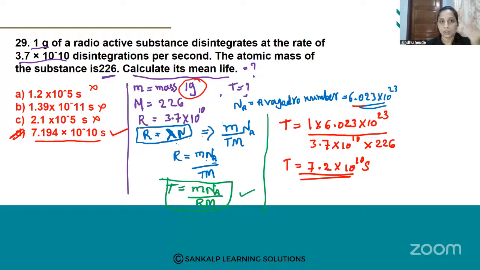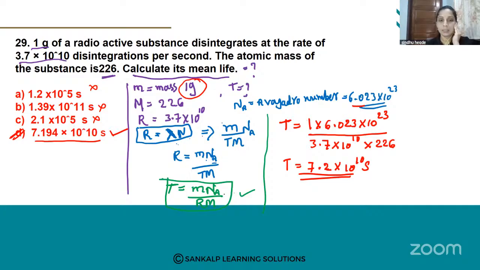Here they ask a question related to mean life, the relation between mean life and rate of disintegration. So you have to write all the given things first and substitute the formula, that is rate of disintegration R is equal to lambda N, and again rearrange and simplify this formula, that is mNA divided by Tm.